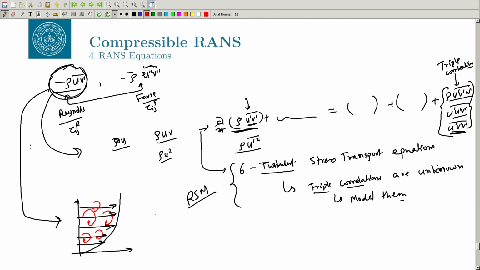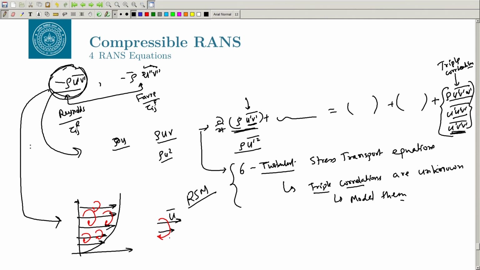So, what if you take any two layers like this and take an eddy? Any transport in the fluctuation is happening due to this mean flow gradient, so it is happening in the direction of the gradient. If you have higher velocity on the top and lower velocity at the bottom, in that direction the momentum is getting transported.